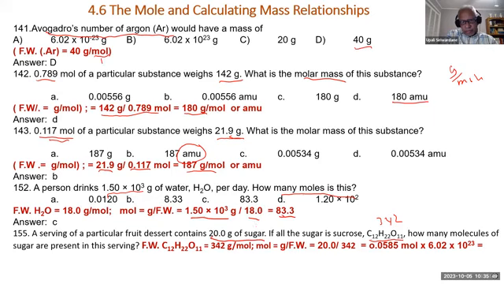So first you have to convert 20 grams to moles. 20 divided by formula mass, that's the moles of sugar. And how do you get molecules from moles? Multiply by Avogadro's number. Therefore, you get the correct answer.